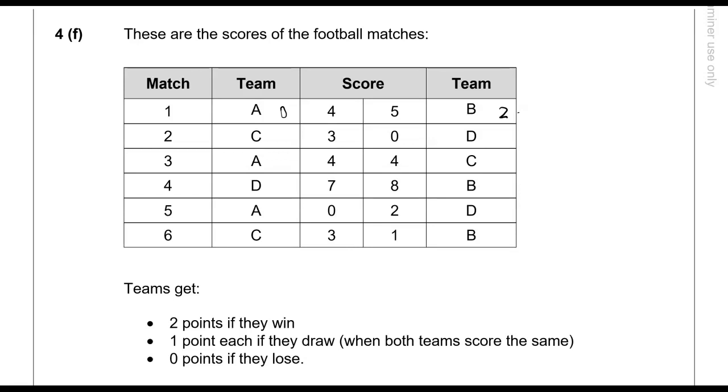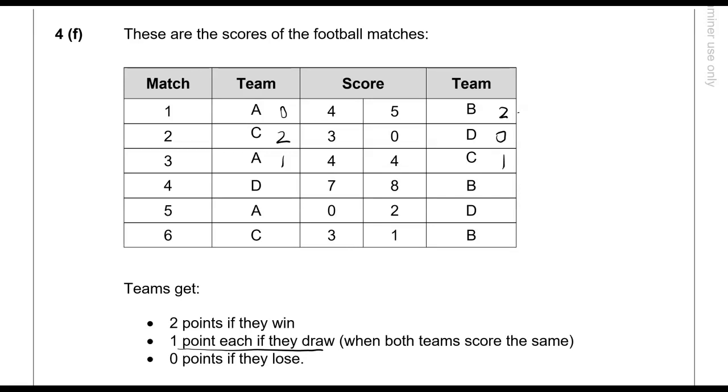Team C won, so they get 2 points, and D lost, so they get 0. In match 3, we've got a draw, so 1 point each team, as it says here.